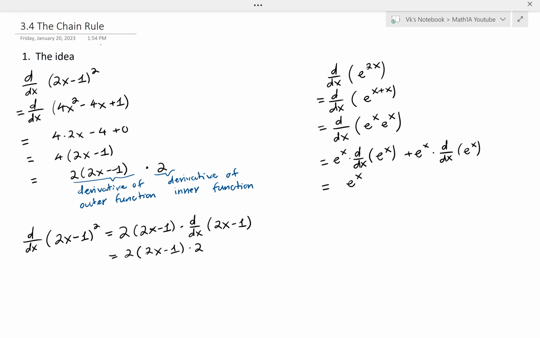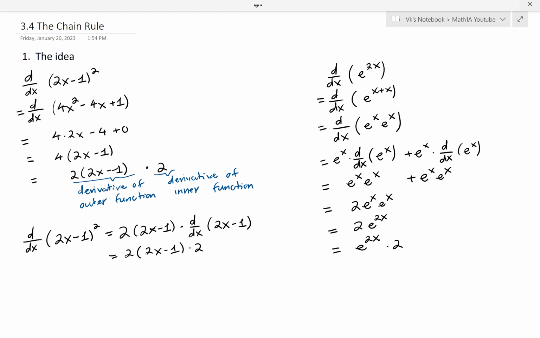So we have e to the x times e to the x plus e to the x times e to the x, which is 2e to the 2x. And I can rearrange this as e to the 2x times 2.